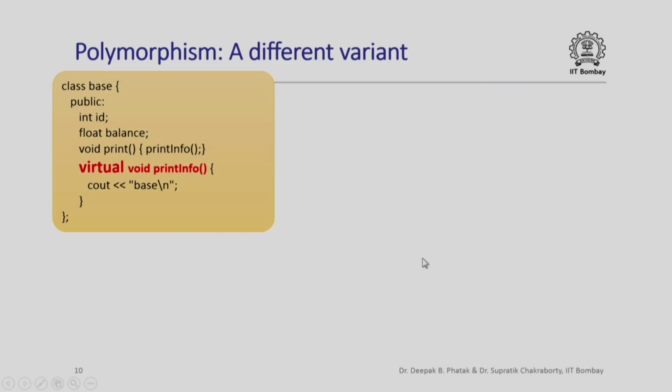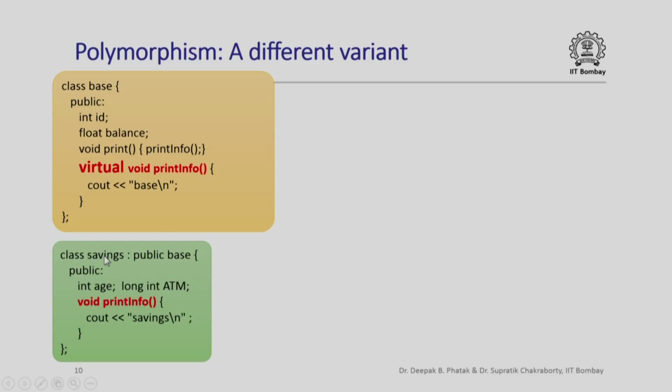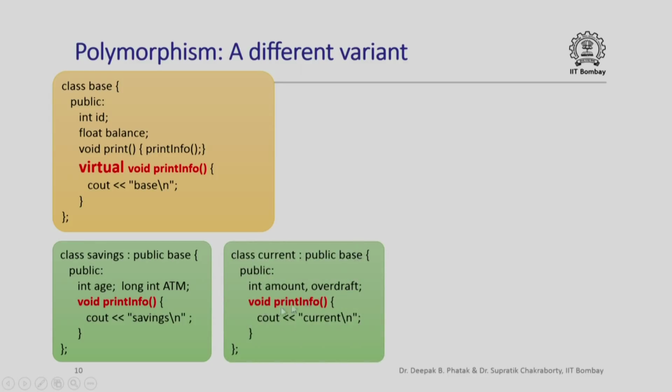Here is a different variant of polymorphism. Here is the base class and here is the same virtual method, and here is another method print, and note that within print I have invoked print info. And here is the derived class savings, which has a definition of print info, and here is the derived class current, which has a definition of print info.